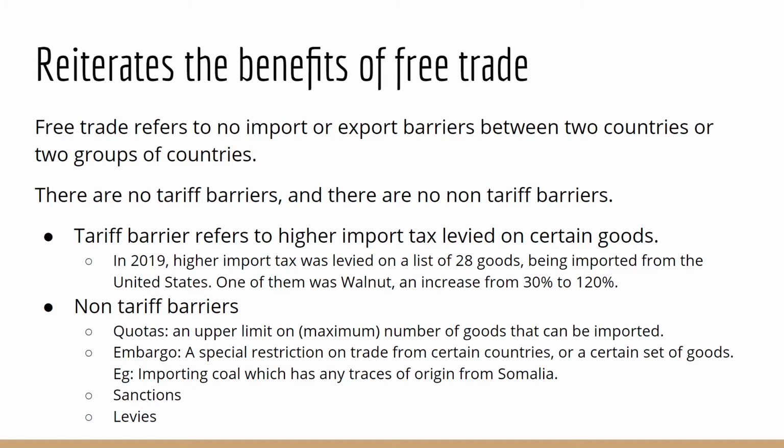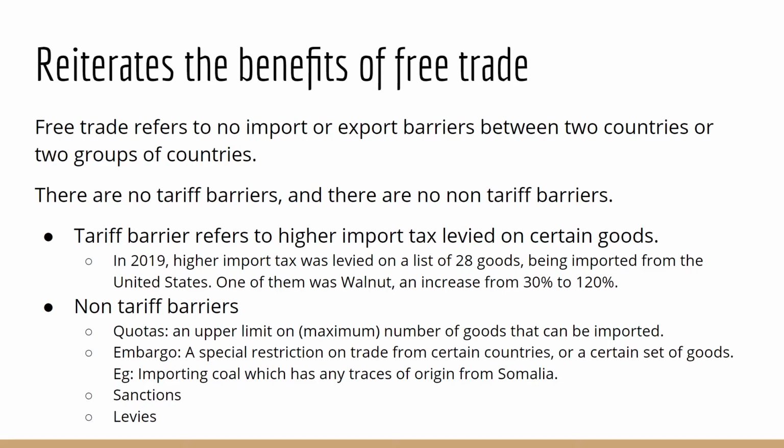Embargo is a special restriction on trades from certain countries or a certain set of goods. An example of this would be that importing coal from Somalia is not allowed. Let's say England is sending us coal.